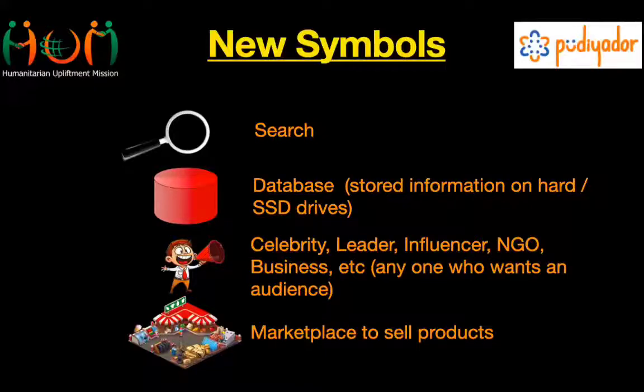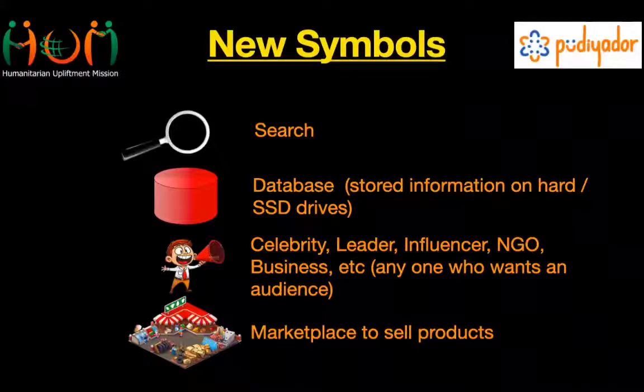It can be a political leader, and on Instagram, they're called influencers, right? It can be an NGO. For example, HUM may say, I want all students to know about HUM, so I will use a megaphone to announce, to talk about HUM.